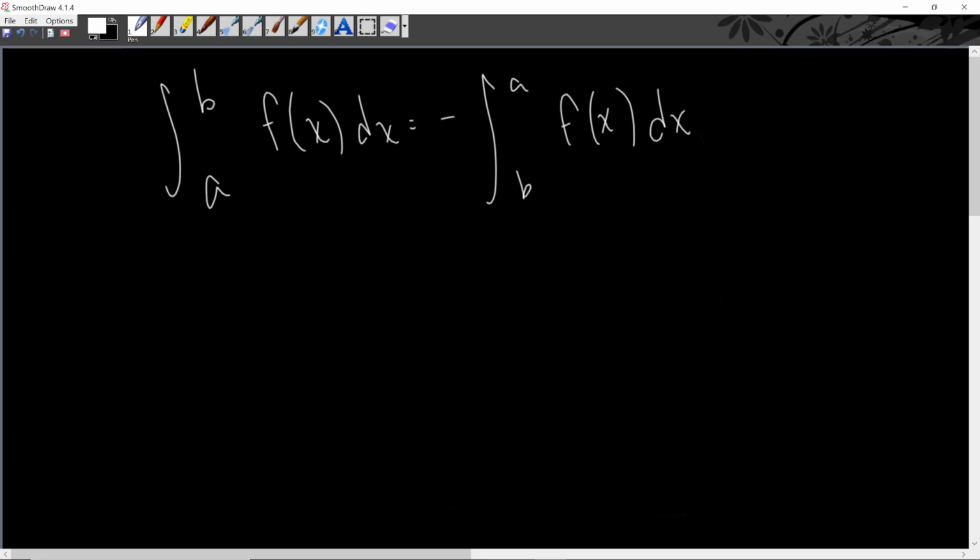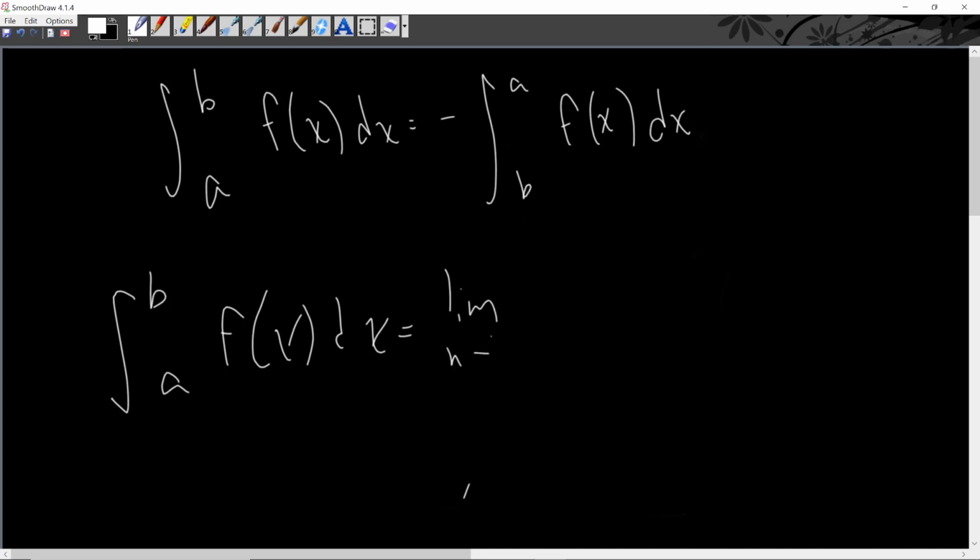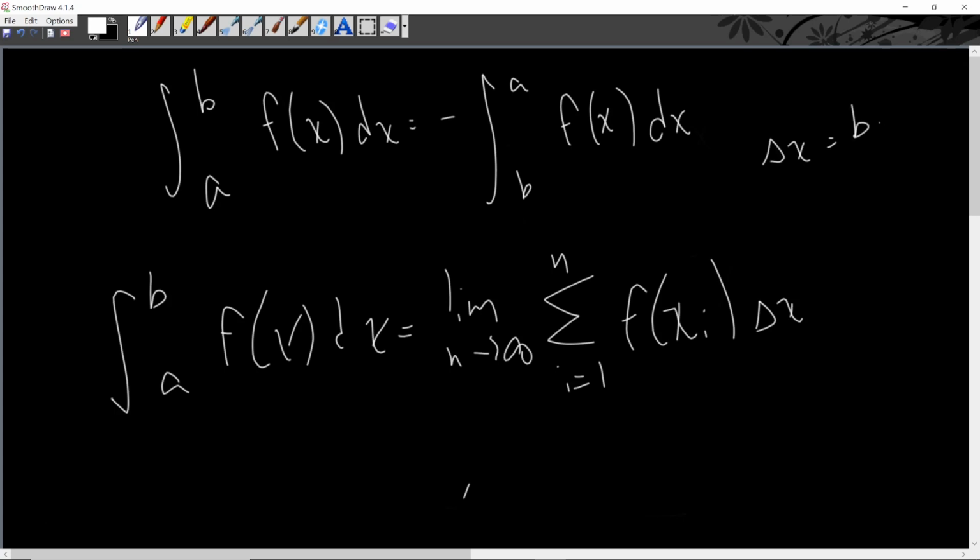We said that the integral from a to b of f of x dx is going to be equal to the limit as n approaches infinity of this series, incrementing at 1, of f of x_i times change in x, where change in x is equal to b minus a over n.